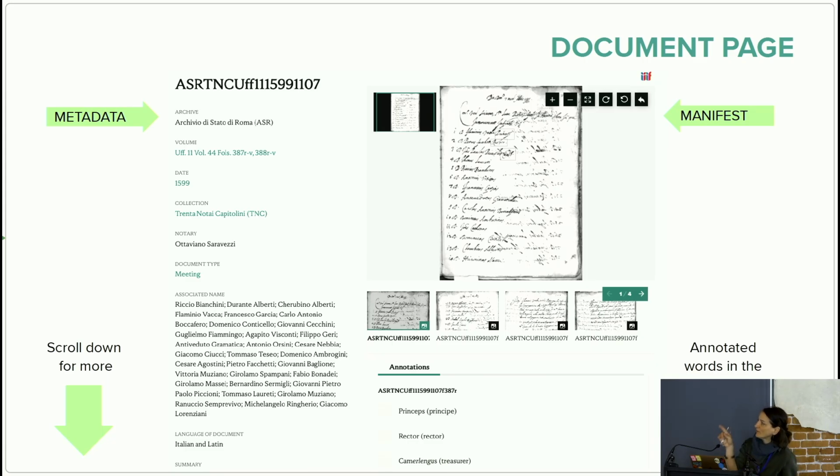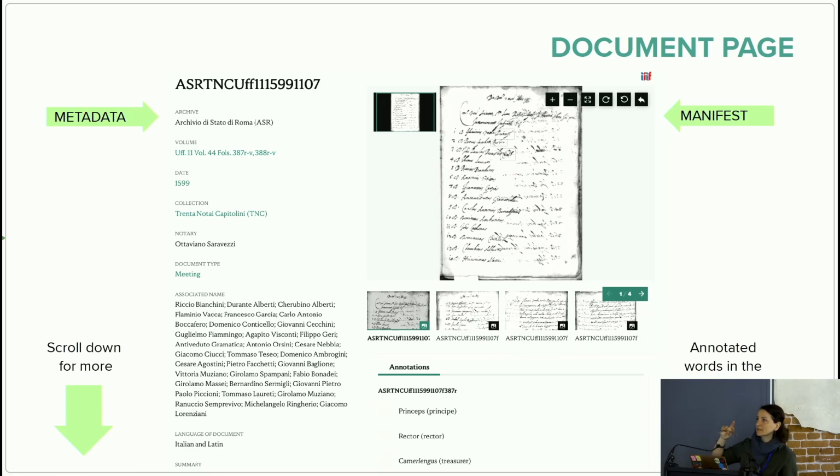So it's important for us to have the collection where the notarial documents are coming from, and then the other metadata that you might not otherwise find, like notary, for instance. And then you see that there is more. There is the associated names, and under the manifest on the right-hand side, there are the annotated words in the document.